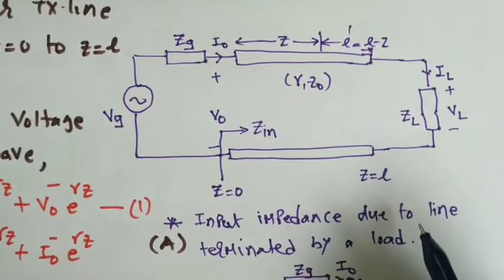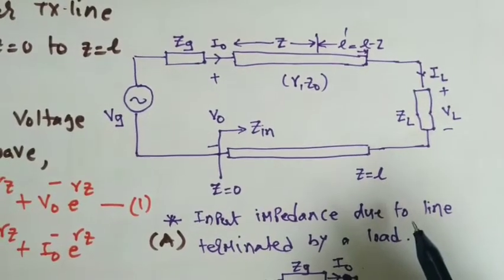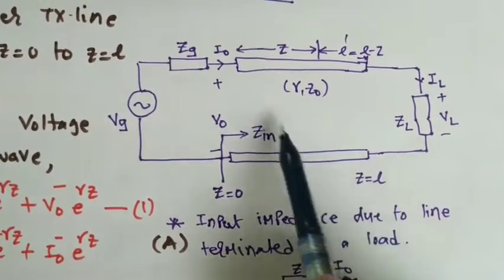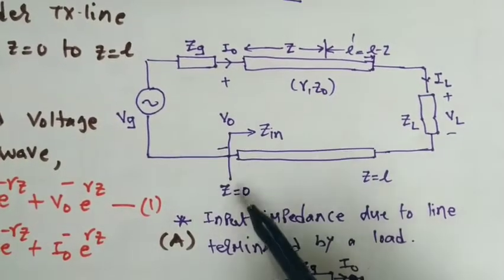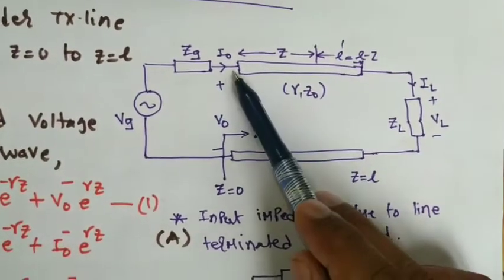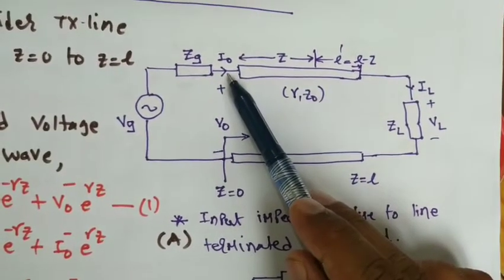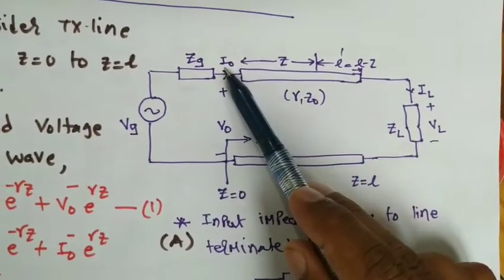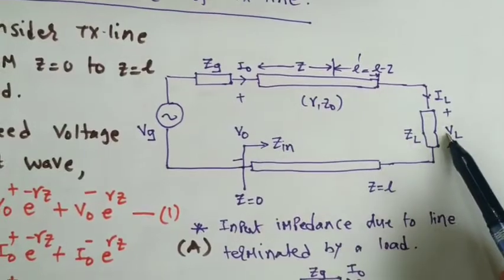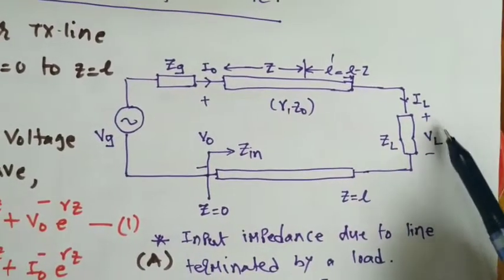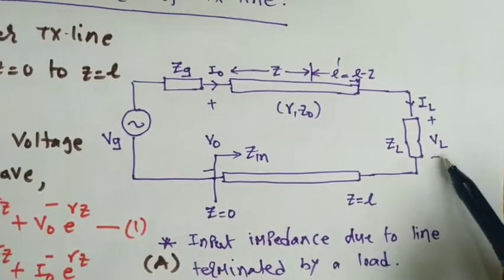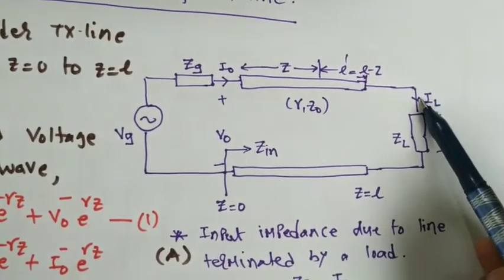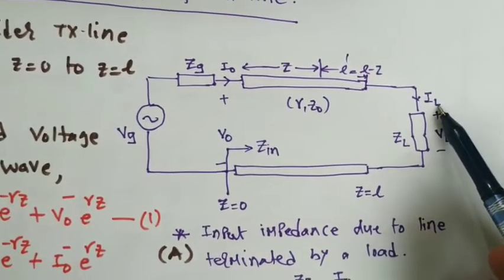The voltage at Z equal to 0 is denoted by V0. The current flowing at Z equal to 0 over the transmission line is denoted by the current I0. In the same way, at the load side, the voltage across the load is denoted by VL, while the current flowing through the load is denoted by IL.